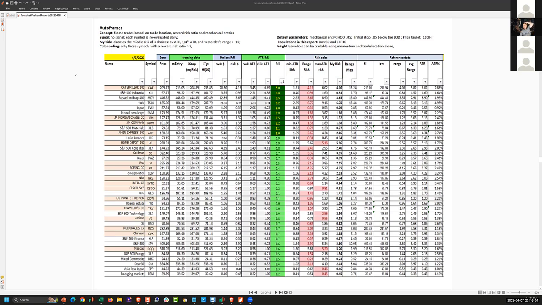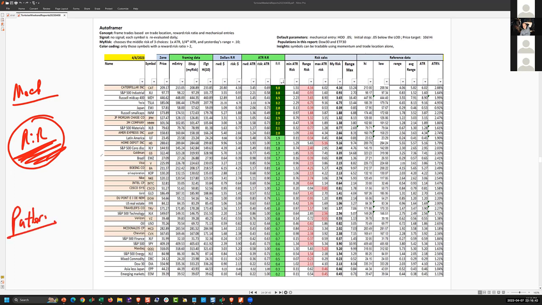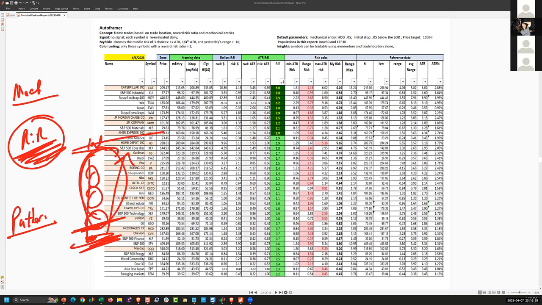I used to do this because I was getting these mechanical signals, and then I wanted to compute the reward to risk, and then pick the ones that had the best reward to risk. And once I started doing this, I realized I don't even need to have a specific pattern. Just based on trade location from price to 10-day high, and based on reward to risk, I could manage that trade simply because it was moving in that direction, and if it got to the 10-day high, I would have a good one.